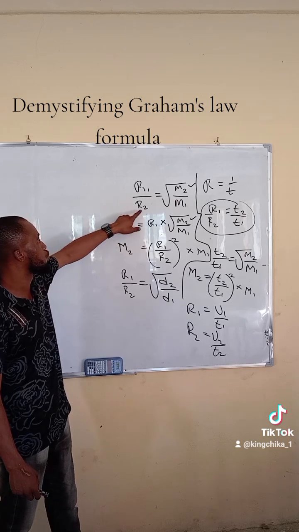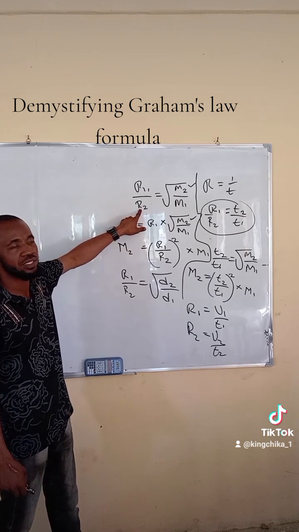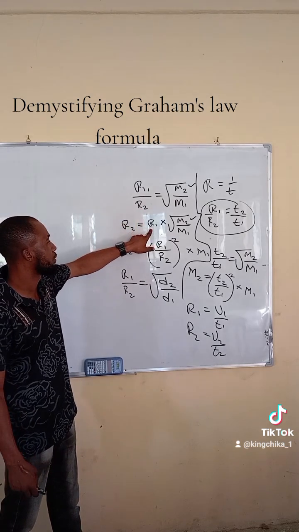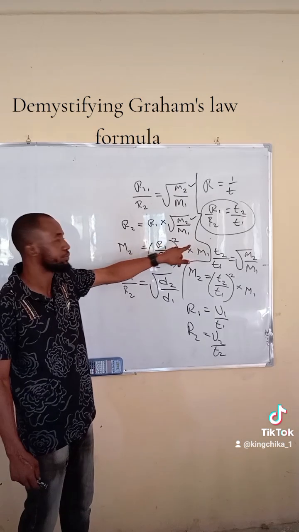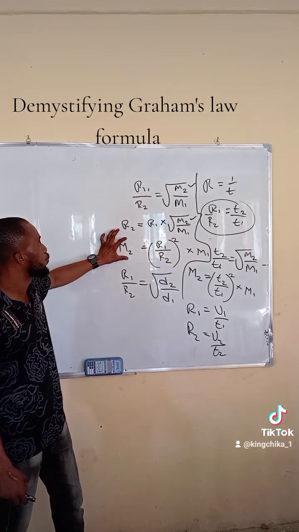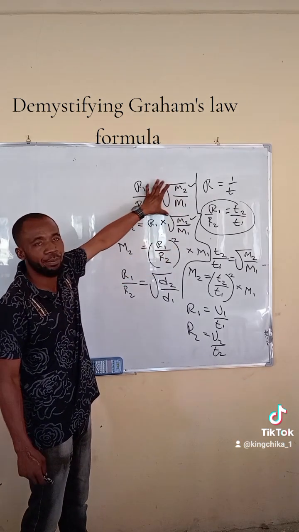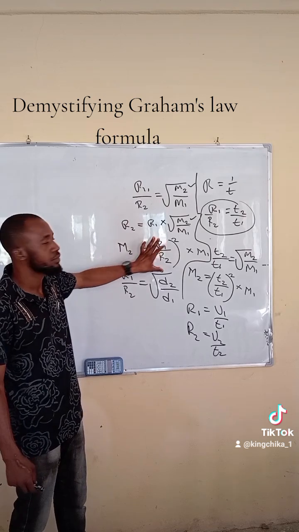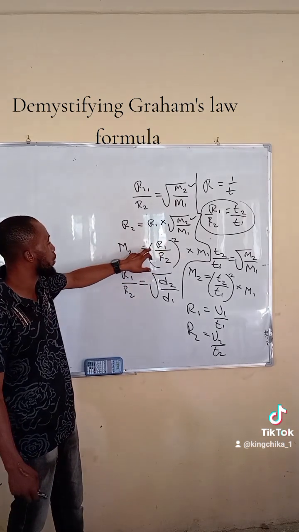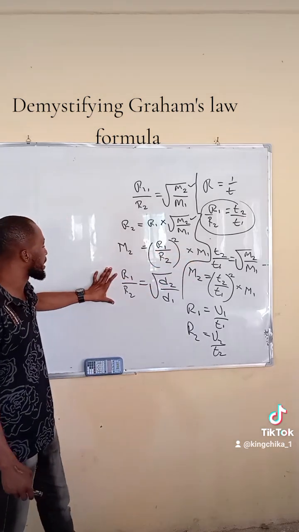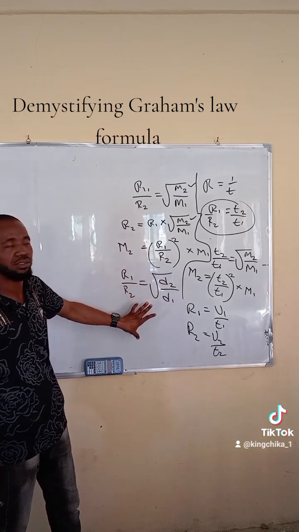If you are looking for R2, which is the rate of the second gas, you use R2 equals R1 multiplied by square root of M2 over M1. If you are looking for M2, which is inside the square root, then you have to remove the square root and bring it this side by squaring it. So it becomes M2 equals R1 over R2 squared multiplied by M1. The same method applies for density.